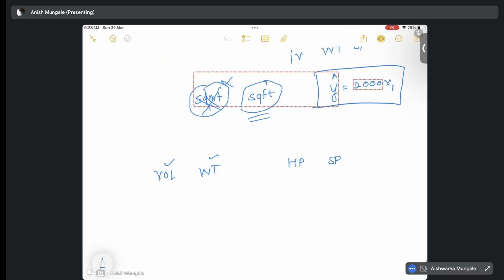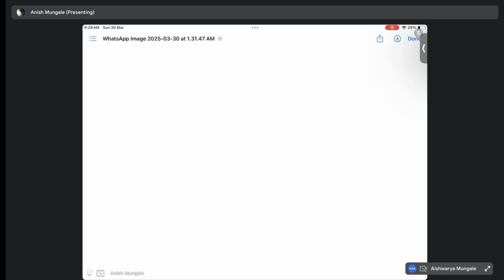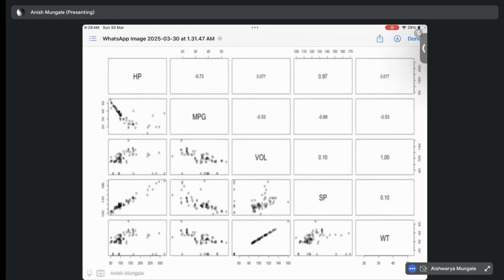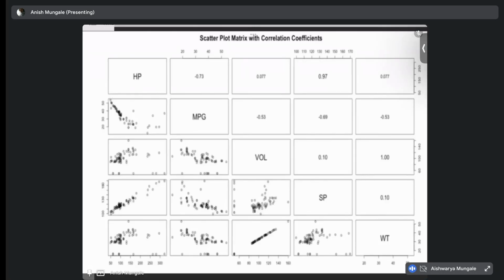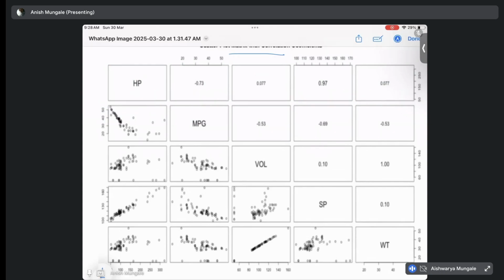And then we will do this. Let me show you that. You will make a graph like this. Let's say this is the scatter plot with correlation coefficient.